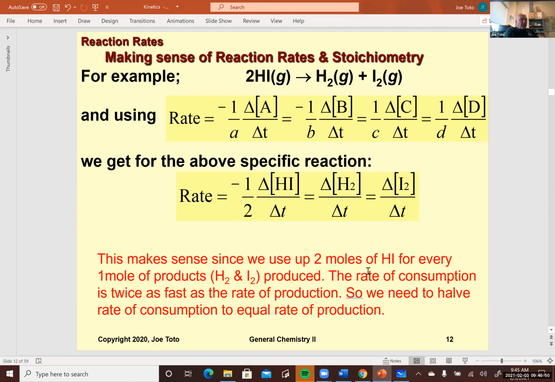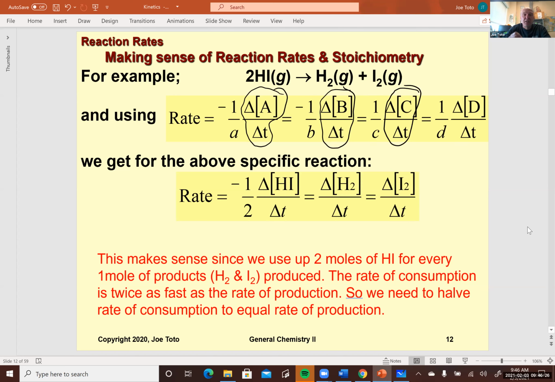And so we just made the comment that it makes sense that if A represents the reactant, and I want to look at the rate of consumption of that reactant, which is in this case HI, to the other rates in the equation, namely the rate of production of H2, or maybe the rate of production of I2.